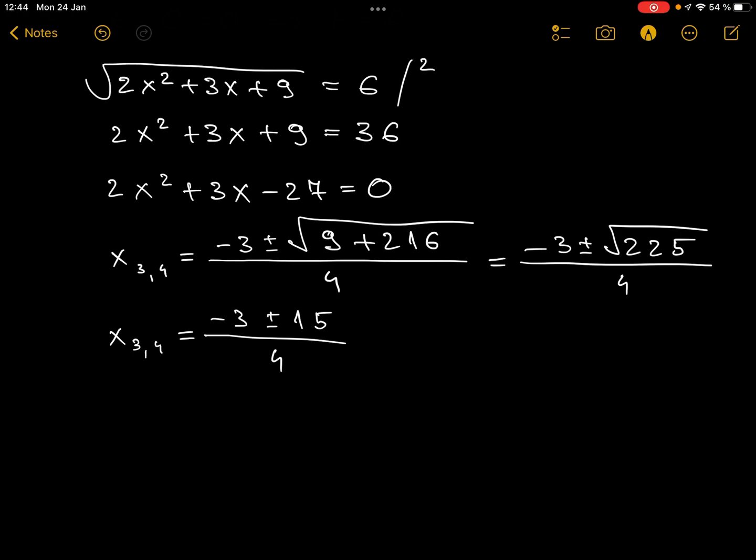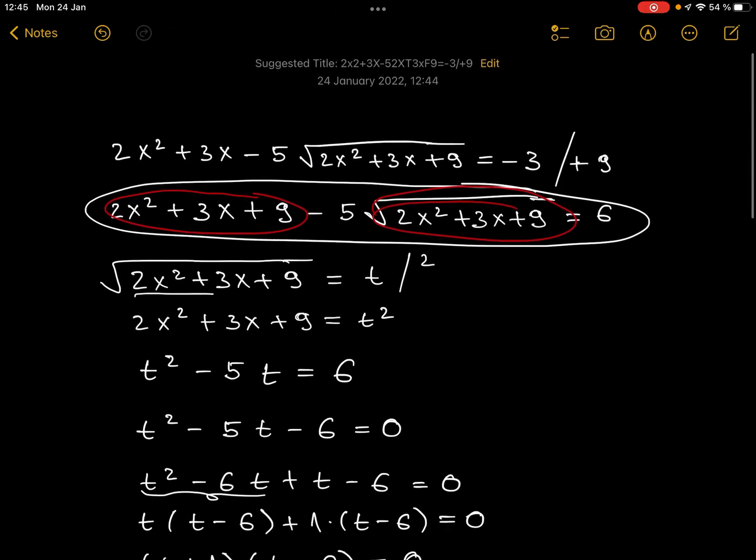So from here we have that x3 is equal to minus 3 minus 15, which is negative 18 over 4, which is negative 9 over 2, and x4 is equal to minus 3 plus 15, which is 12 over 4, which is simply 3.